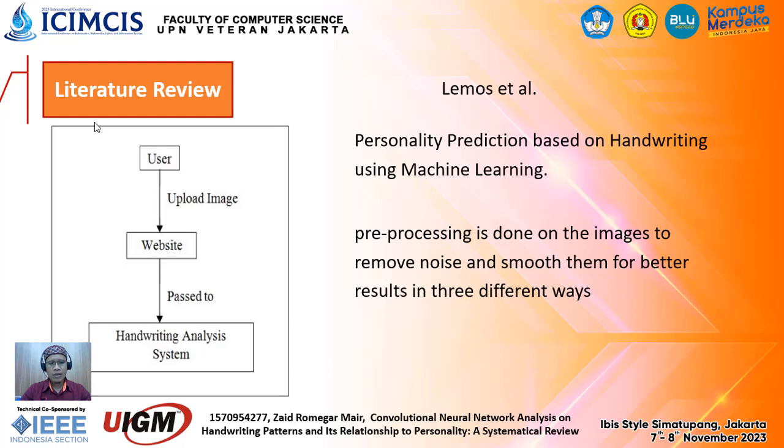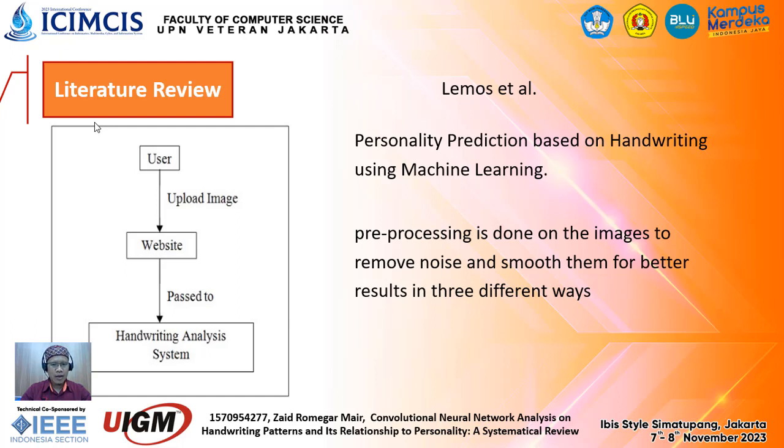For the literature review, Lemos et al. There are stages: user, website, and handwriting analysis system. Personality prediction based on handwriting using machine learning. The first one, the user uploads the image data set to the website platform and handwriting analysis system.